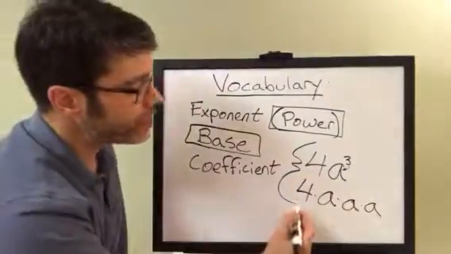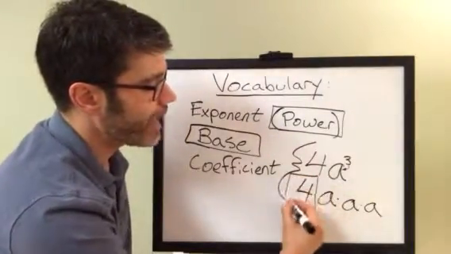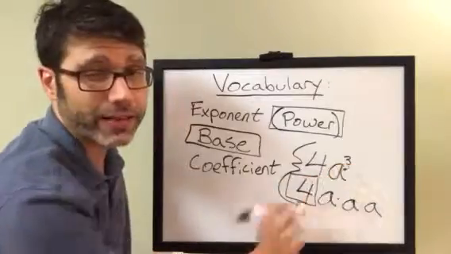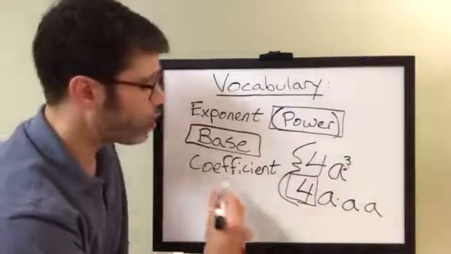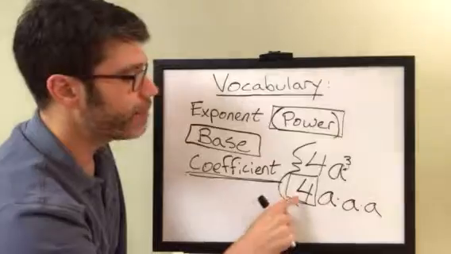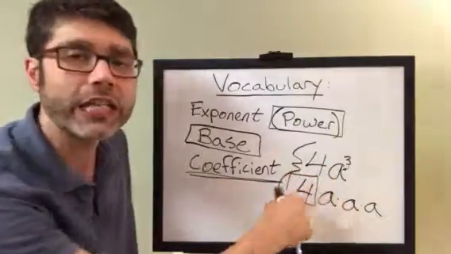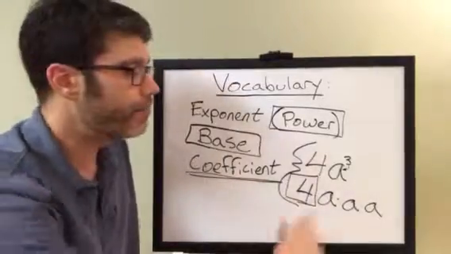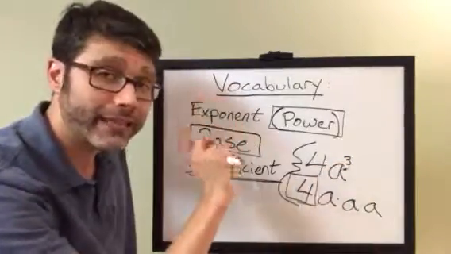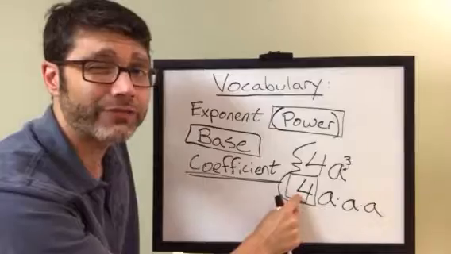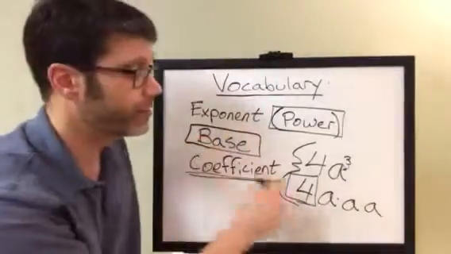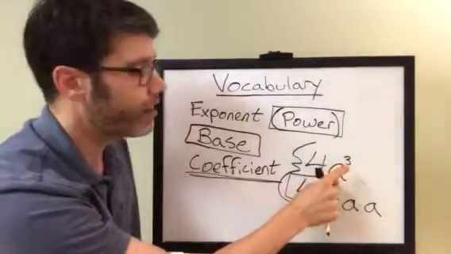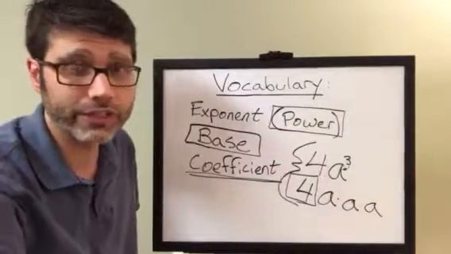Since 4 is not being acted upon by this 3, by this exponent, we call it a coefficient. It is a number that is placed in front of a term that is being acted upon by an exponent, yet it is not itself under the jurisdiction or the power of that exponent. So that's what a coefficient is.